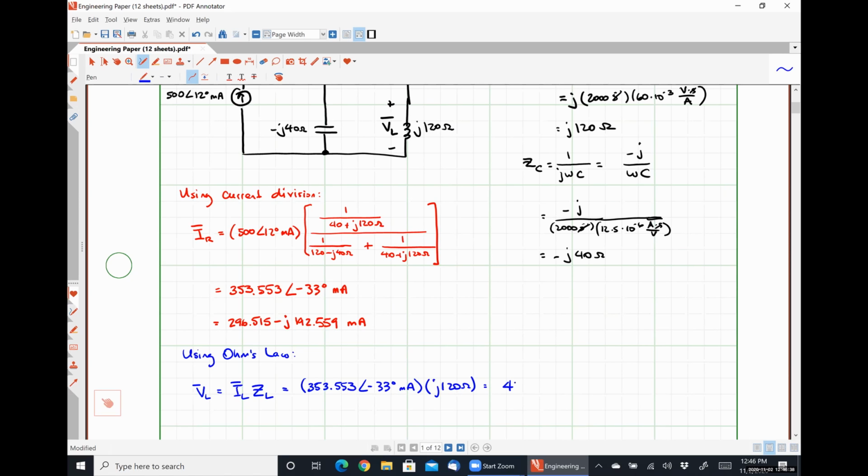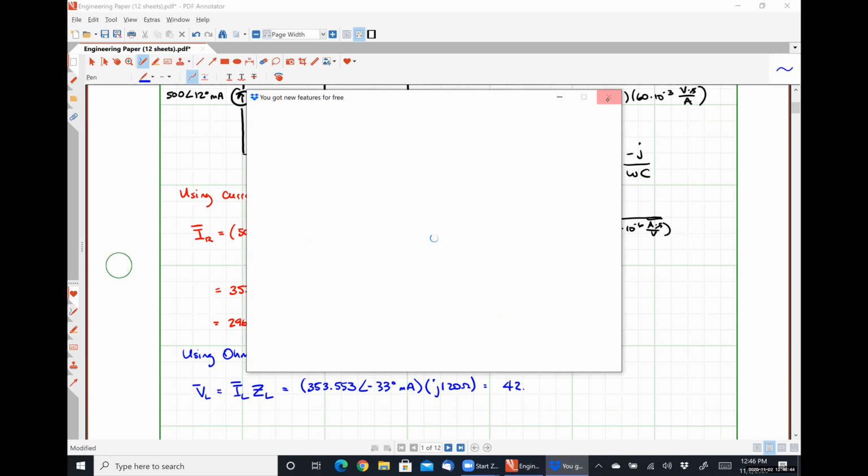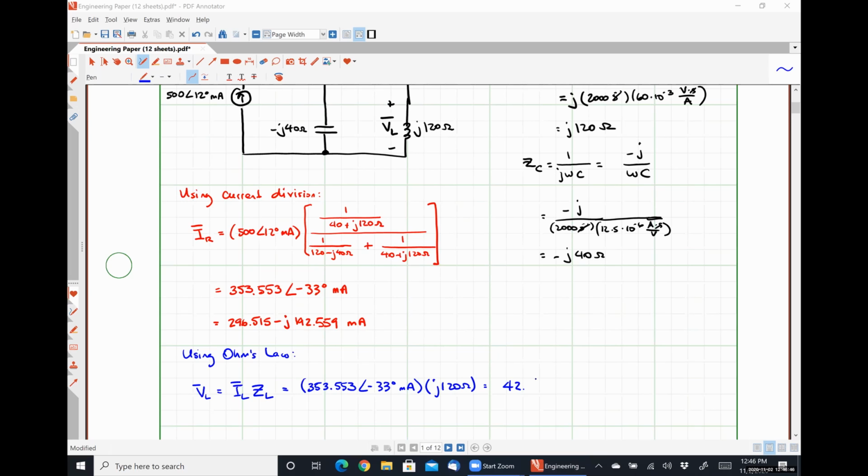That gives me 42.426 angle positive 57 degrees volts.